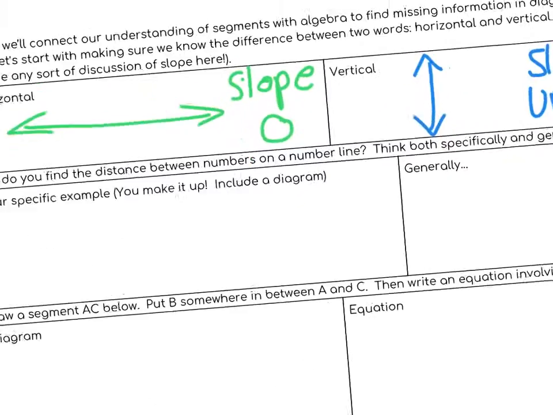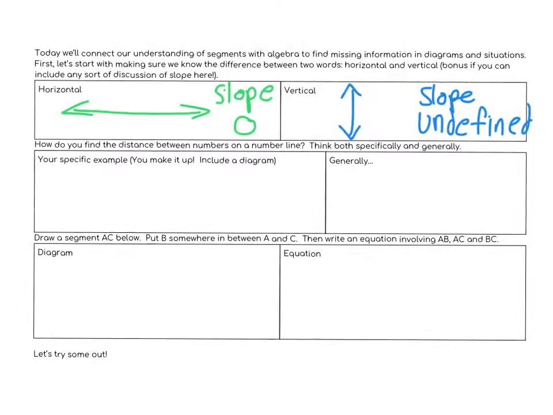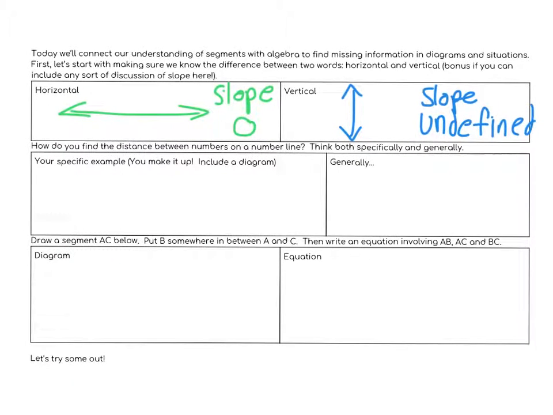Looking at the difference between two numbers on a number line, that's the next thing we're talking about here. You're asked to come up with an example, and the example that we might talk about is if we had, let's go -1 and 7. That's more fun.